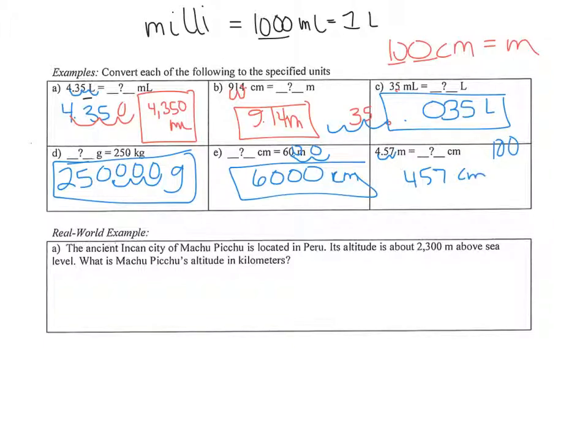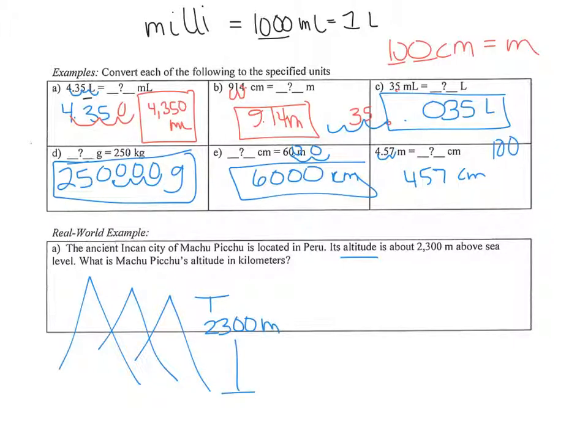And the last one, the ancient Incan city of Machu Picchu is located in the country of Peru. Its altitude, so here's Machu Picchu, it's like a mountain. It's a place in Peru. The altitude, the height, is 2,300 meters above sea level. What is Machu Picchu's altitude in kilometers?